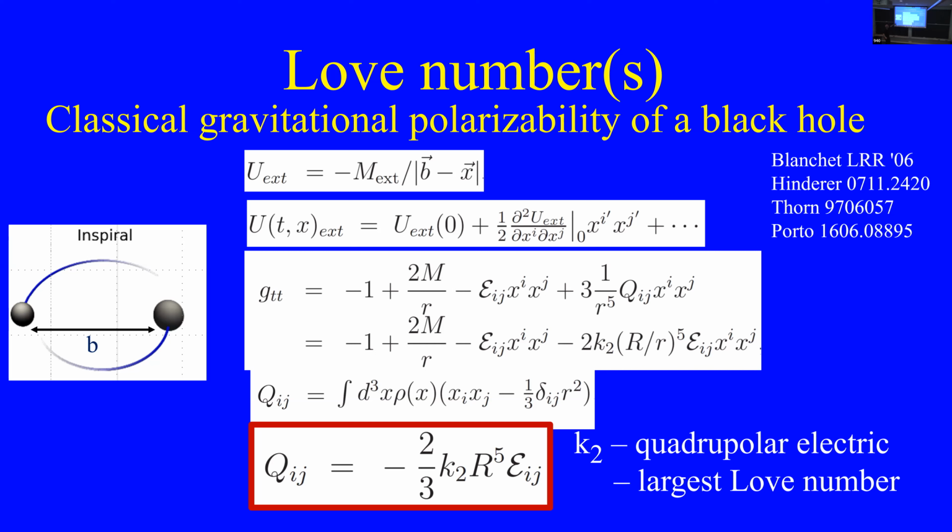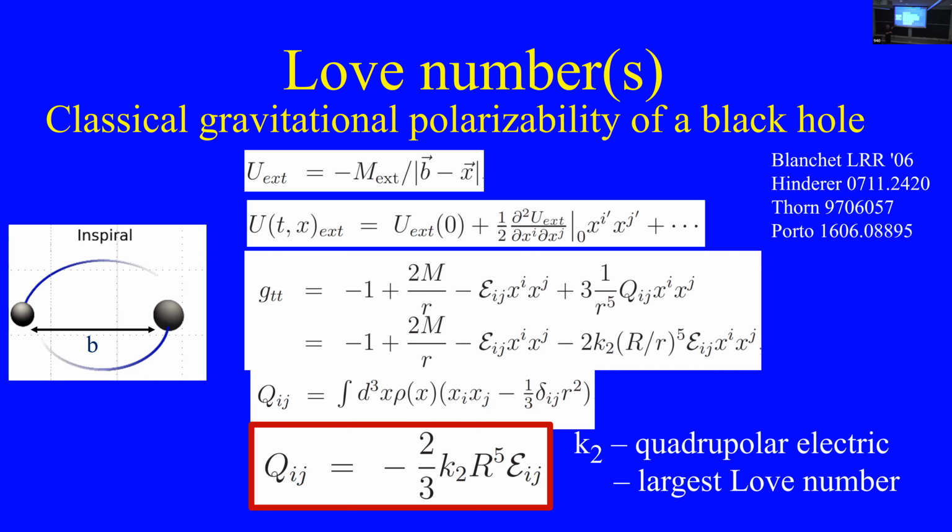One of them exerts a force on the other, and because the frequency of the rotation is much smaller than the natural frequency here, you can take the static limit. So it's as if you have a static gravitational force acting on a compact object. In this case, I'm focusing on the L equals 2 electric Love number.